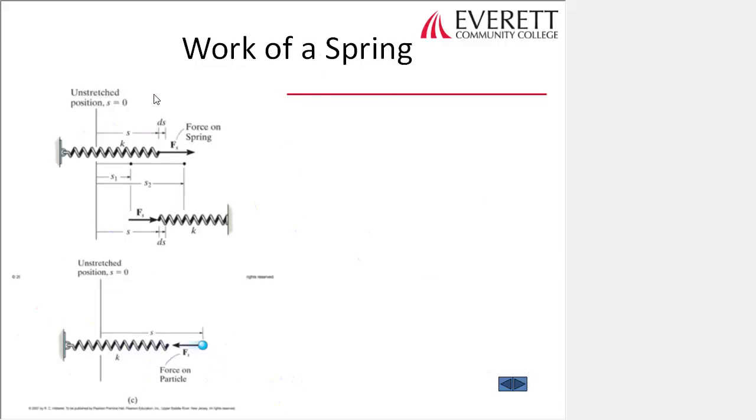All right, work of a spring, same idea. We're going to have f dotted with dr, and we're going to have the integral from r1 to r2. The force of a spring, in this case, we're going to say the force of the spring is in the i direction.